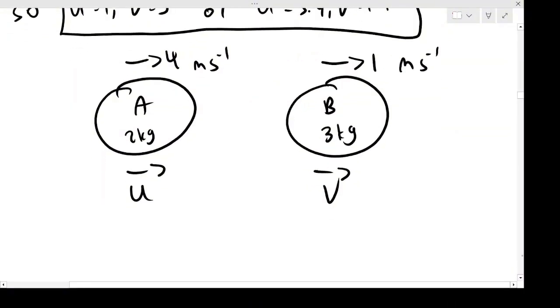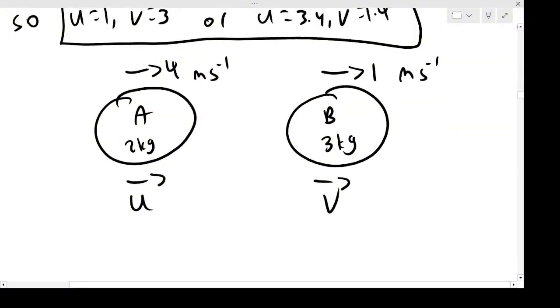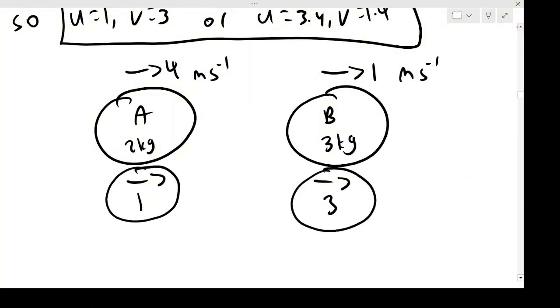So if I plug in the two values, let's say firstly u is 1, then v is 3. Well, that's saying A is then moving slower than B. So B is going to move further away from A. B is going to move faster ahead. Okay, that seems fair, right? We would expect B to then move away from A.